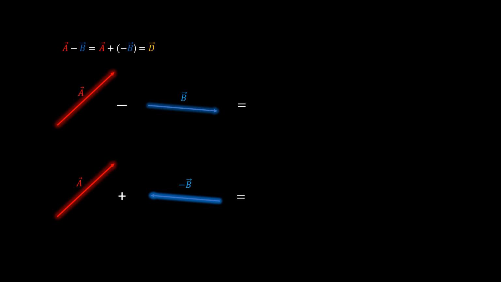Notice that this is vector B and this is vector minus B. Again, we shift vector minus B parallel to itself until its tail is at the head of vector A. The vector A minus B is a vector D, drawn from the tail of A to the head of minus B.